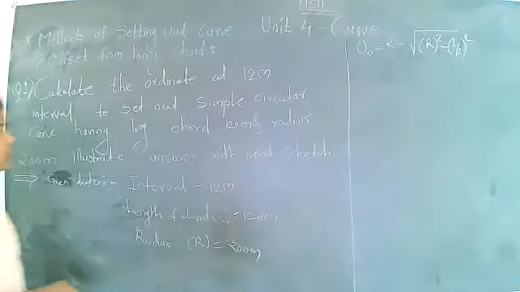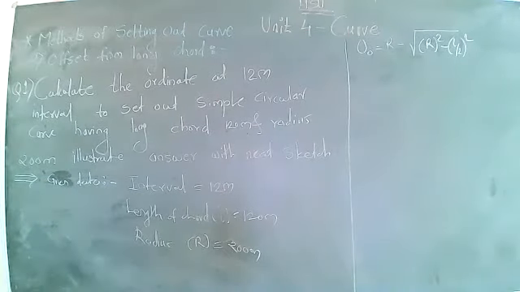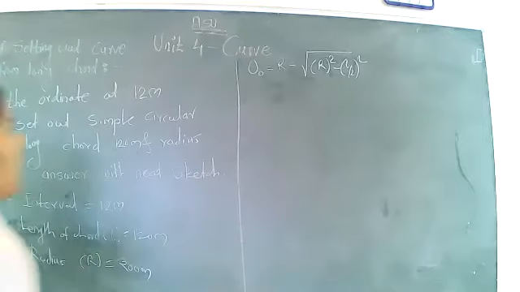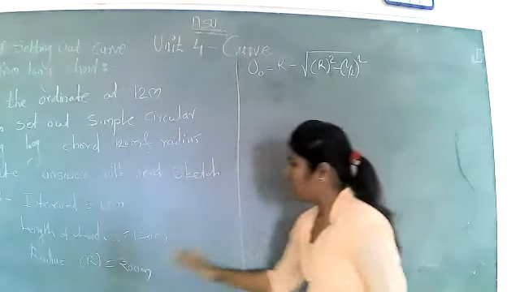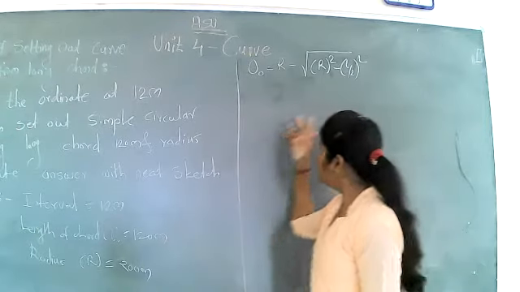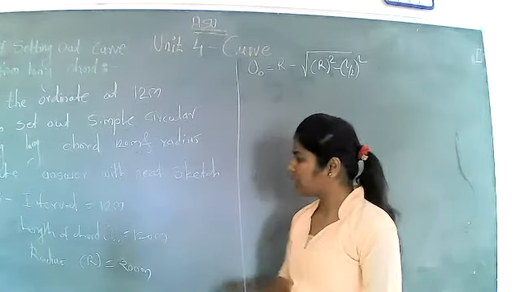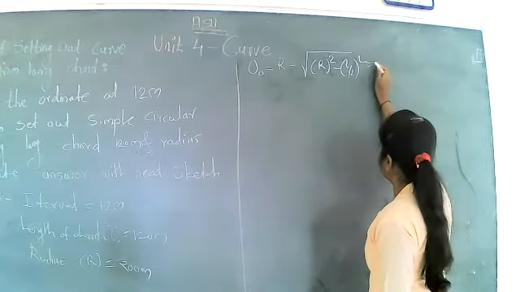Here R is the radius of curve and L is the length of chord. Both are given in the numerical, so we have to calculate it.